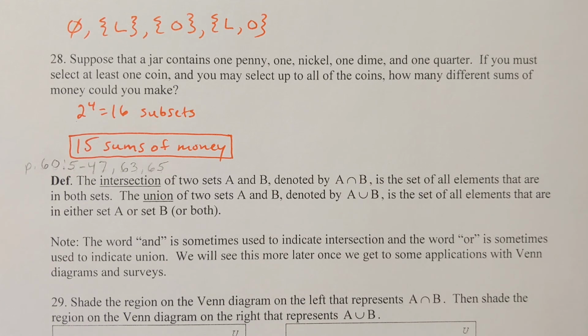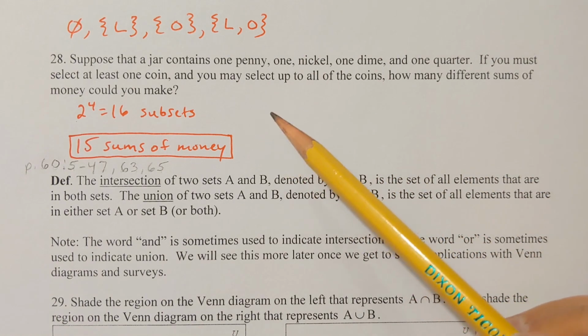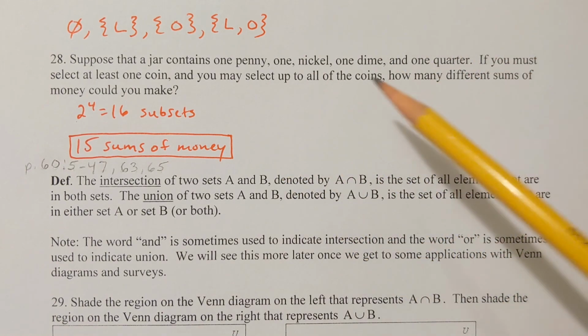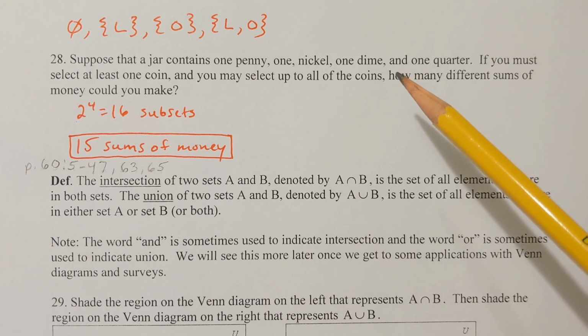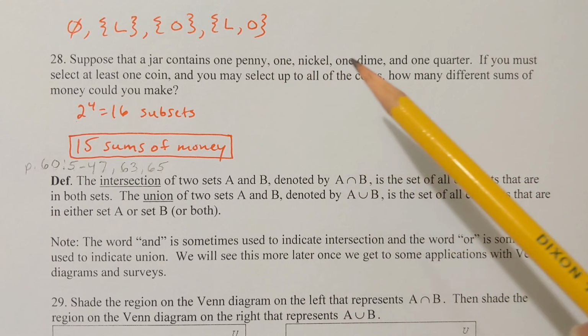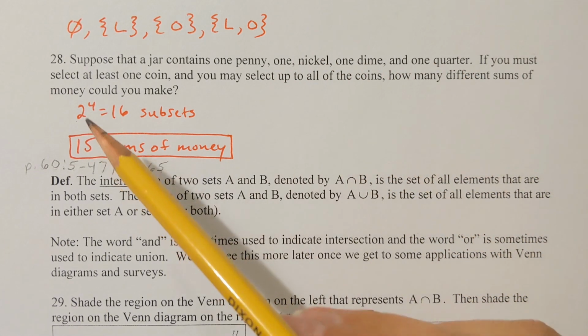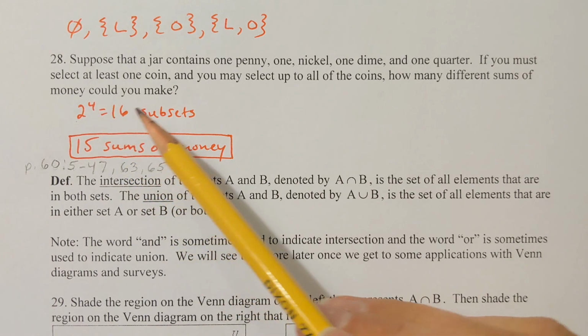I could select 2 coins if I wanted. I could select 3 coins. I could select all 4 coins if I wanted. I have to select at least 1, though. So this is asking for the number of subsets in a set with 4 elements in it. 1 penny, 1 nickel, 1 dime, 1 quarter. That's 4. 2 to the 4th would be 16 subsets.